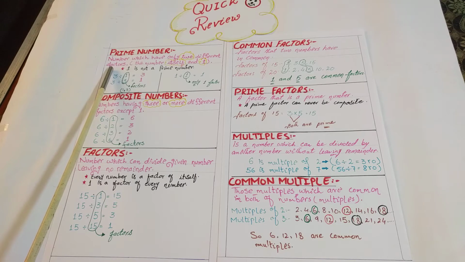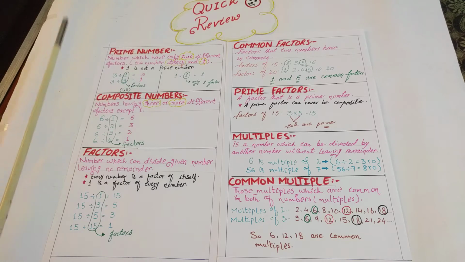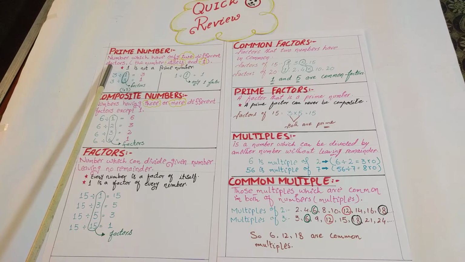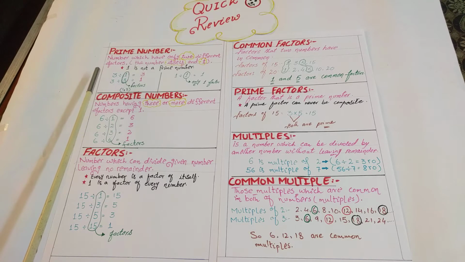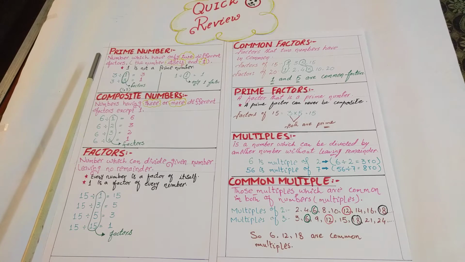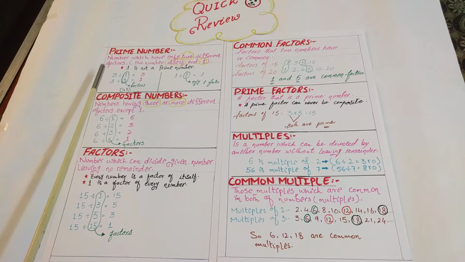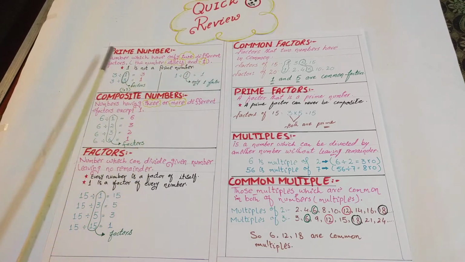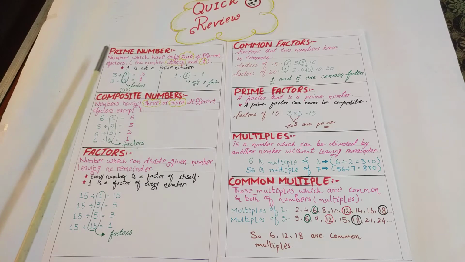If the divisor completely divides the given number without leaving any remainder, then it is a factor. So if any number has two different factors, only the number itself and one, then that number is called a prime number. Let's take an example.